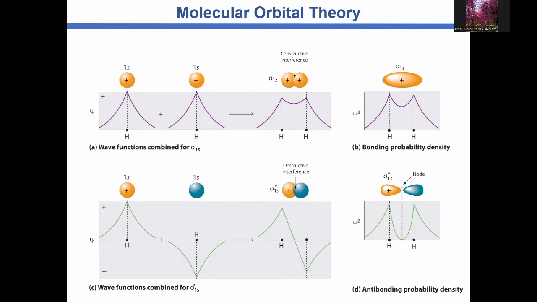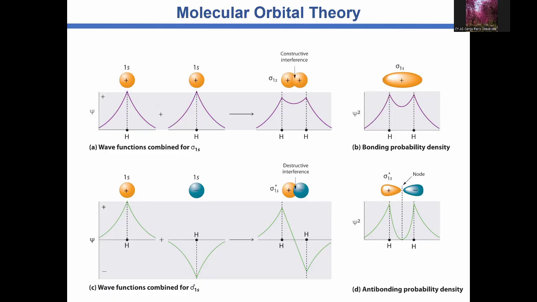When we have this constructive interference, the electrons can share with each other, and they have this bonding density being close.